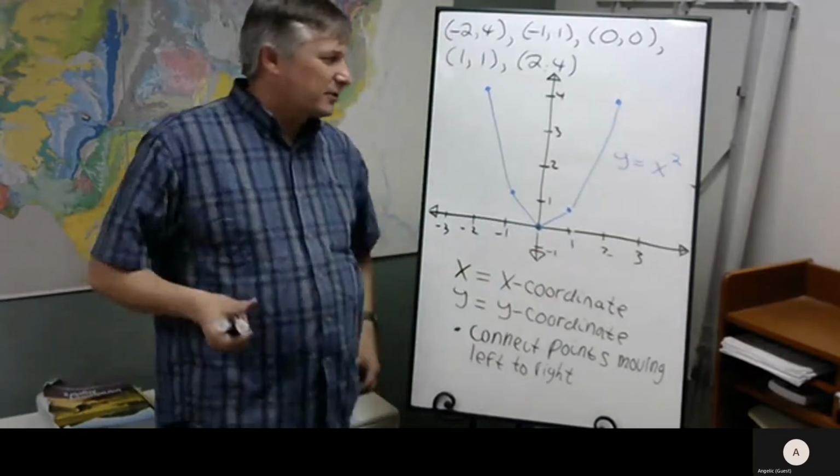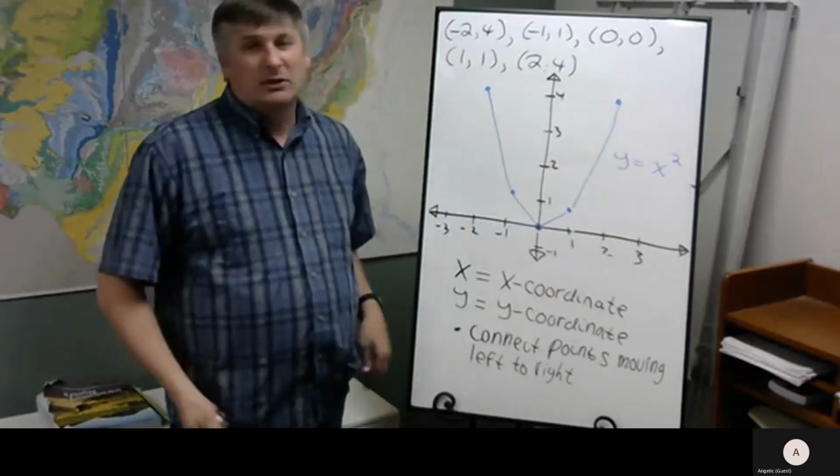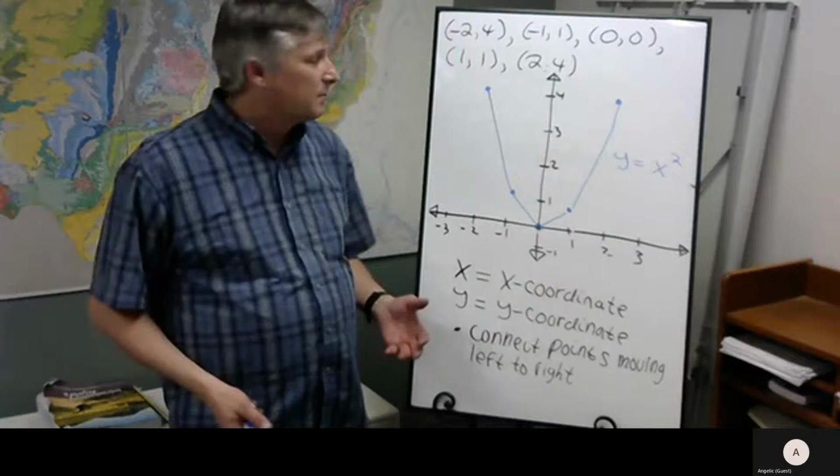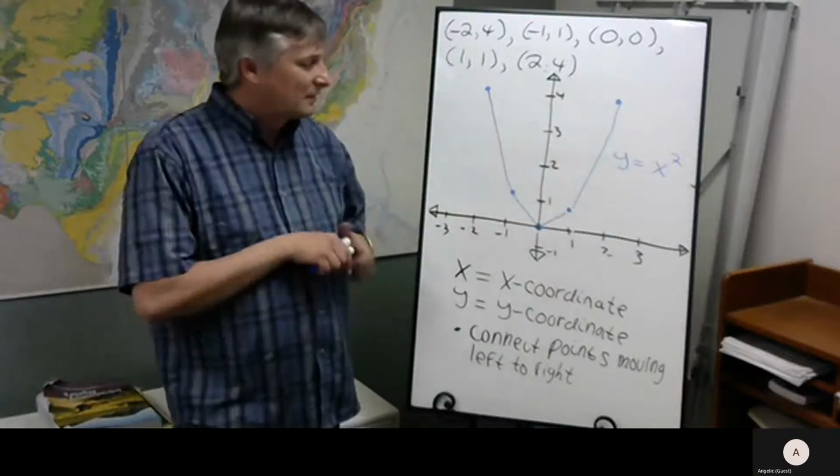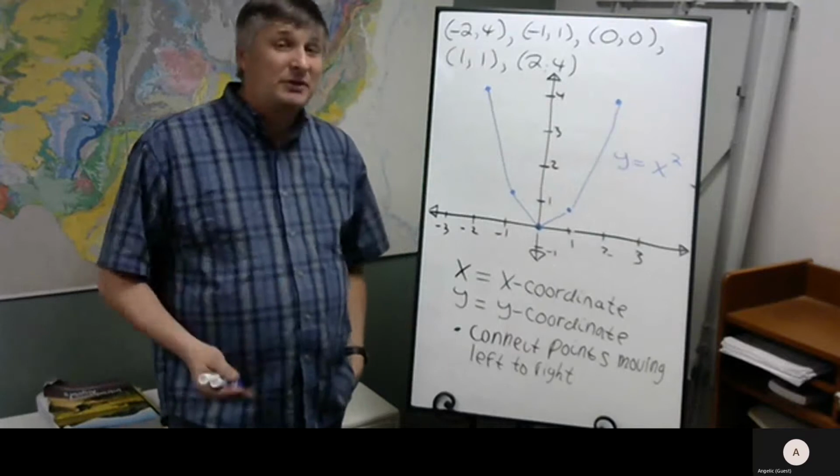So this is going to give us a graph of y equals x squared. Well, a part of y equals x squared. It's the part that we can see using our graph points. So questions about that?